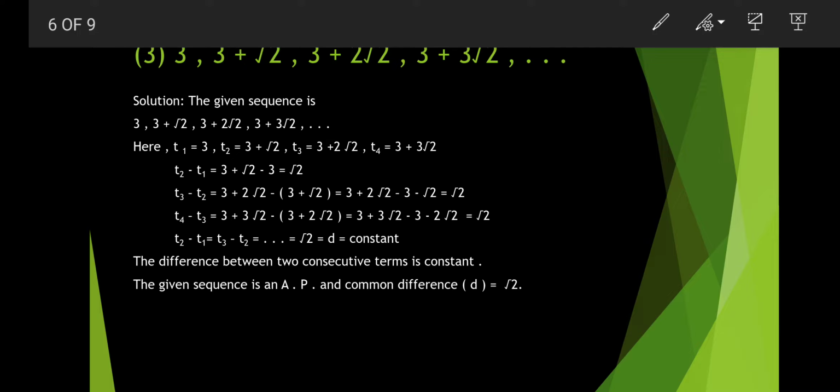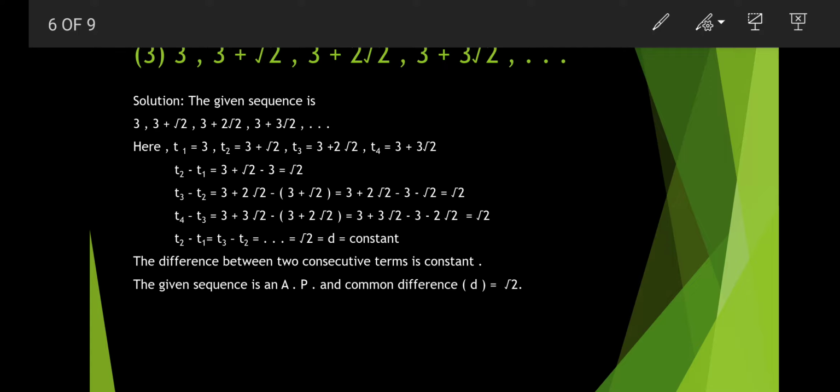We'll find again the common difference between two consecutive terms, that is T2 minus T1 is equal to what? The value of T2 is 3 plus root 2 minus the value of T1 is 3. So if we'll see here, plus 3 minus 3 gets cancelled, we'll get answer as root 2.